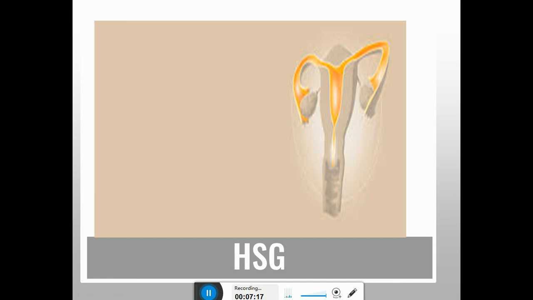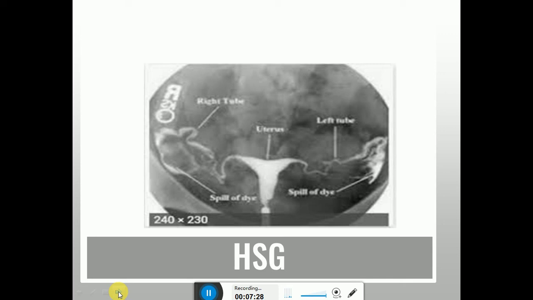So the study of the uterus and uterine tubes, and of their patency, is called hysterosalpingography. Here also a radio-opaque dye is given with the help of a cannula. This is the cannula through which the radio-opaque dye is given. The name of the dye is Lipiodol, and it contains iodinated oil.